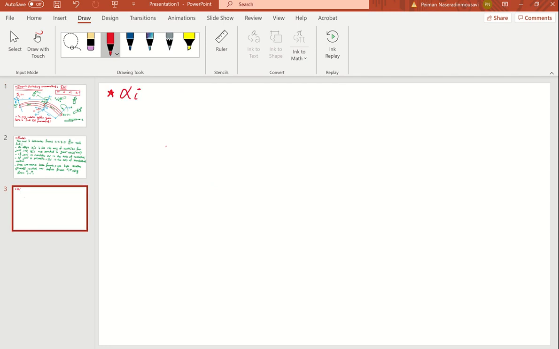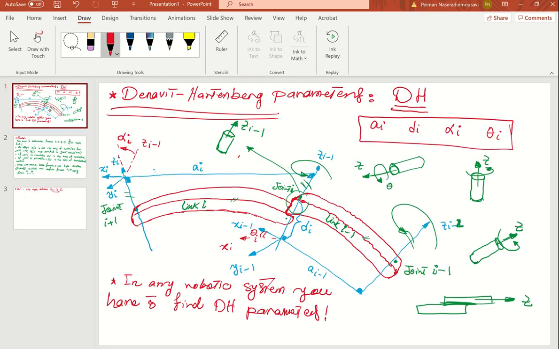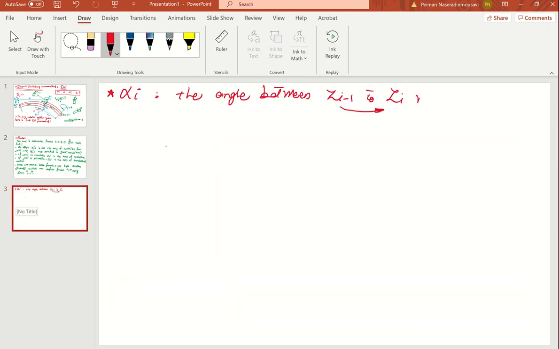Alpha i simply is the angle between z i minus 1 to zi, in this direction, not the reverse, measured about xi.